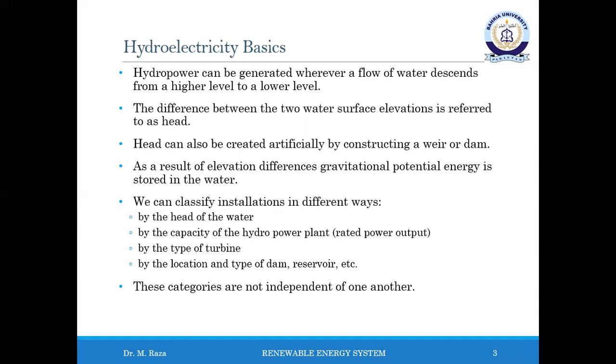Water flow moves the turbine blades, thereby converting water potential energy into kinetic energy. The turbine's rotational force makes the generator rotor spin around the stator, thereby converting kinetic energy first to mechanical energy and then to electrical energy.